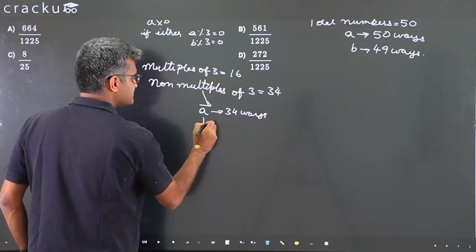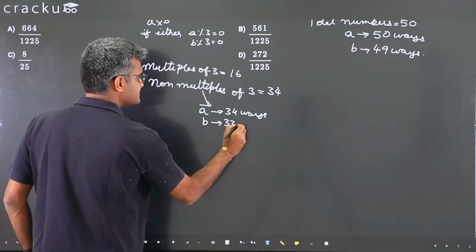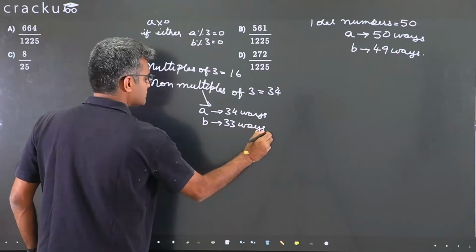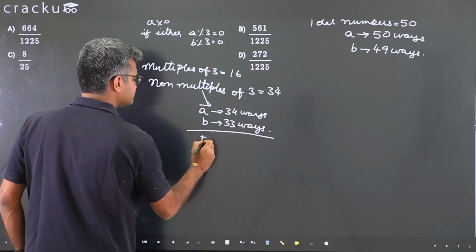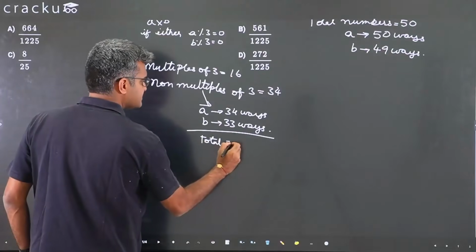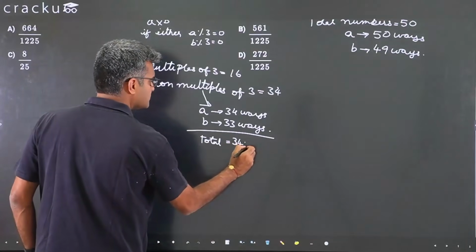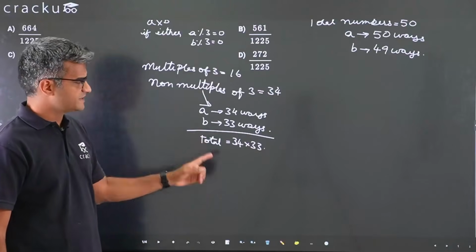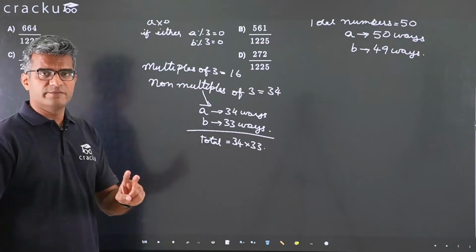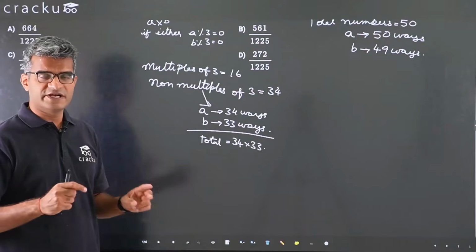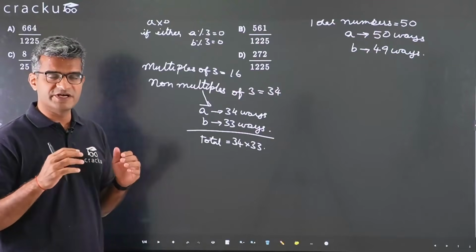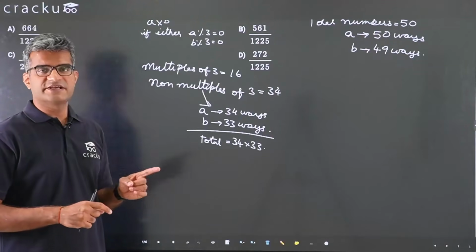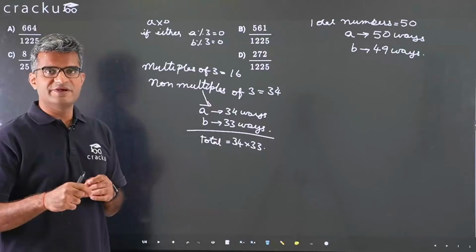The number of ways in which B can be selected is 33 ways. So, the total is equal to 34 into 33. So, in 34 into 33 ways, we will get two numbers which are both not multiples of 3 and therefore the product AB is not a multiple of 3. In every other case, the product AB will be a multiple of 3.